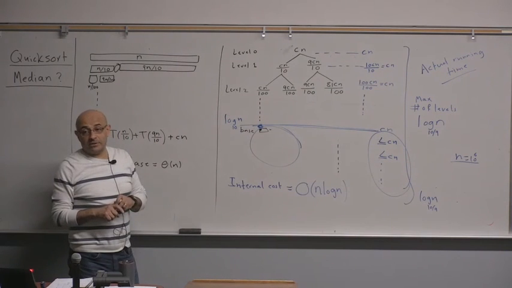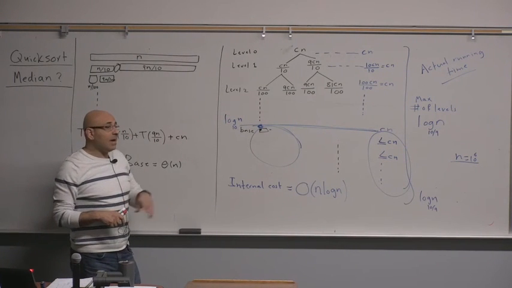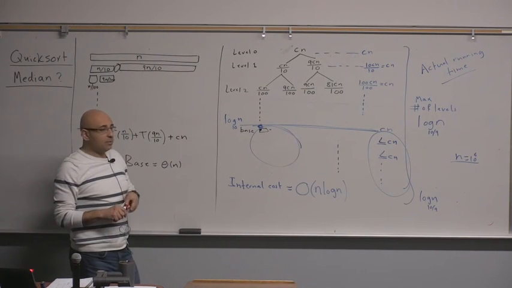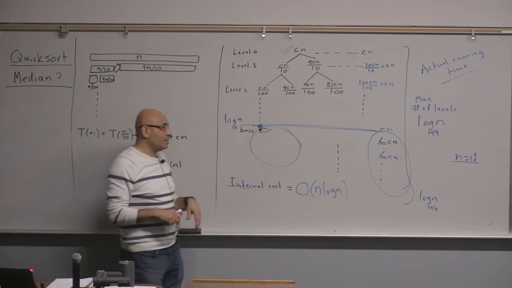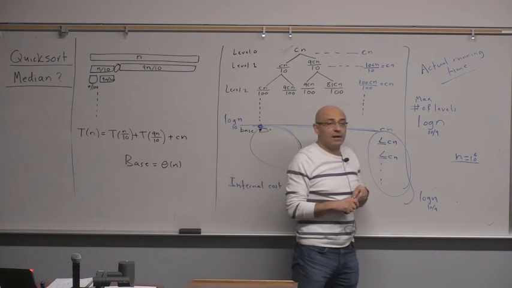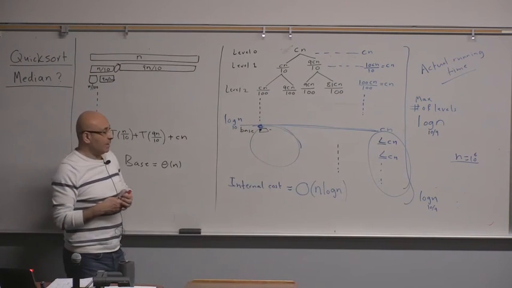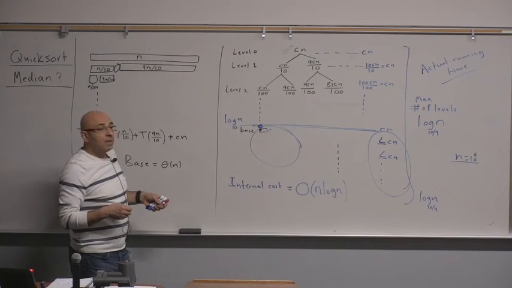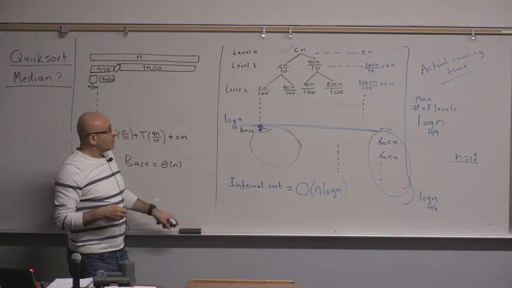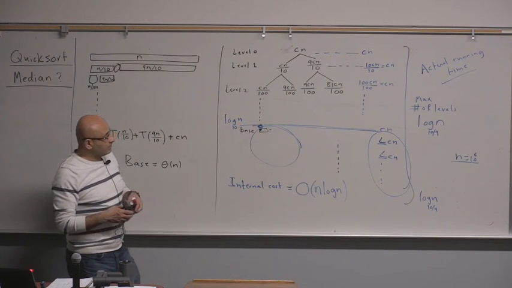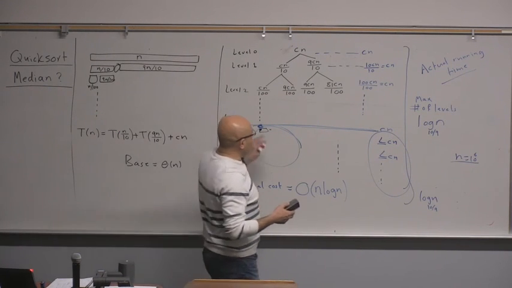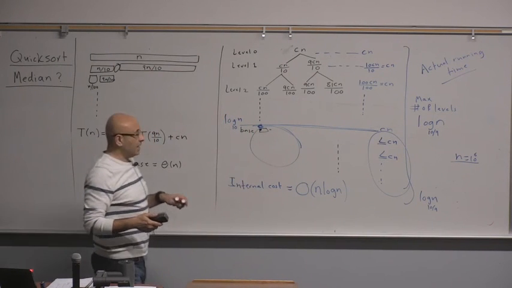It's going to take hours. But any n log n is not going to take hours. It will be slower. Maybe it will take seconds, but not hours. So this is what the asymptotic complexity means. OK? So now, this is what this analysis leads to.